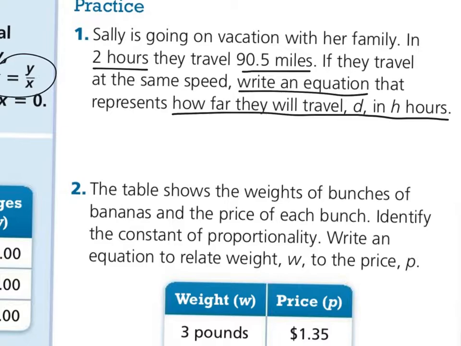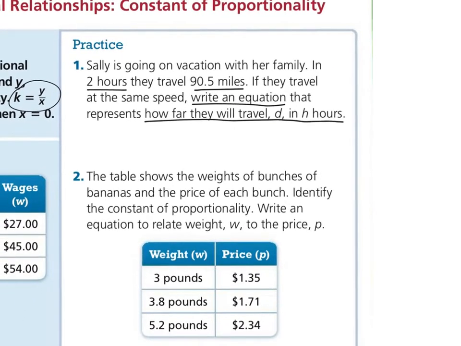Probably what I would do first is think about what way seems more familiar to me, and that's probably how I want to do this problem. So in other words, we're going to find our k value, which again is like our unit rate. So we could think about hours per mile or miles per hour. Which one sounds like something more familiar to you? Miles per hour. Okay, so we'll do miles per hour.